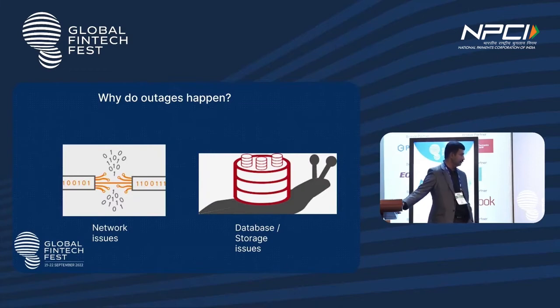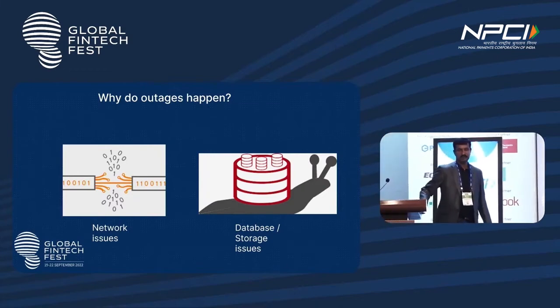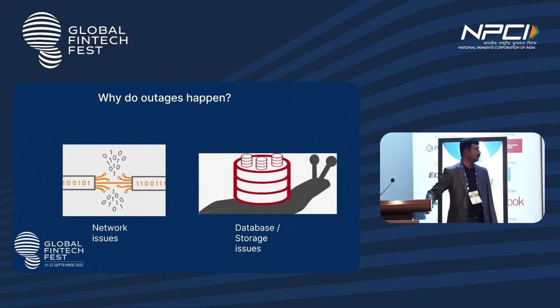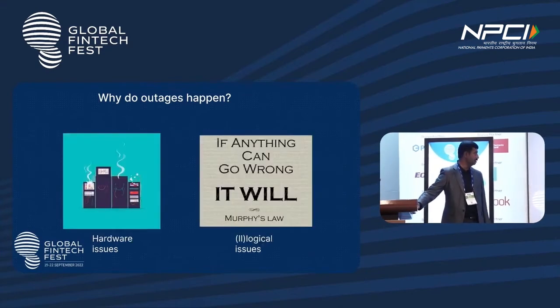And database storage issues need to be continuously managed, irrespective of how well you manage. Databases can start acting a little slow when they are full, or they're very complex systems, so things can happen in terms of total outages of the databases or slowness.